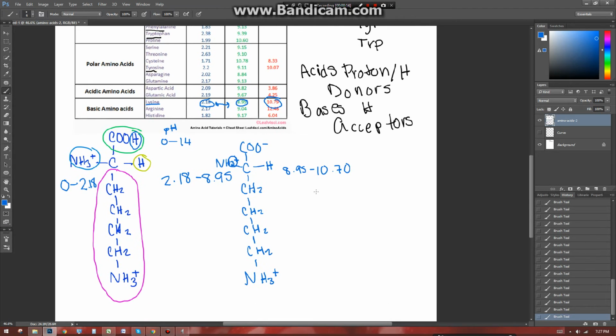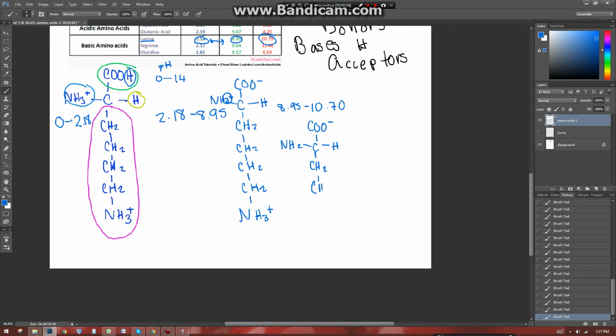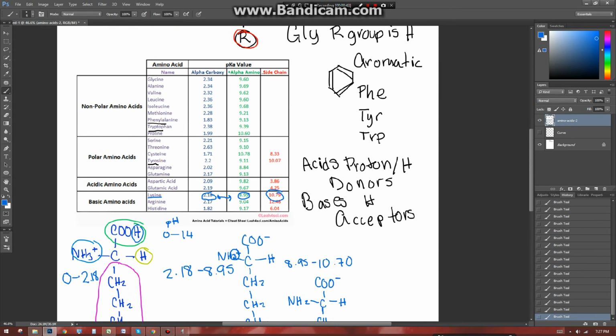So now you're going to have COO minus, that's still a negative charge. There's the hydrogen. This is going to be NH2, CH2, CH2, CH2, CH2, and NH3 plus. This is the side chain, and that one is going to pop off from 10.79.